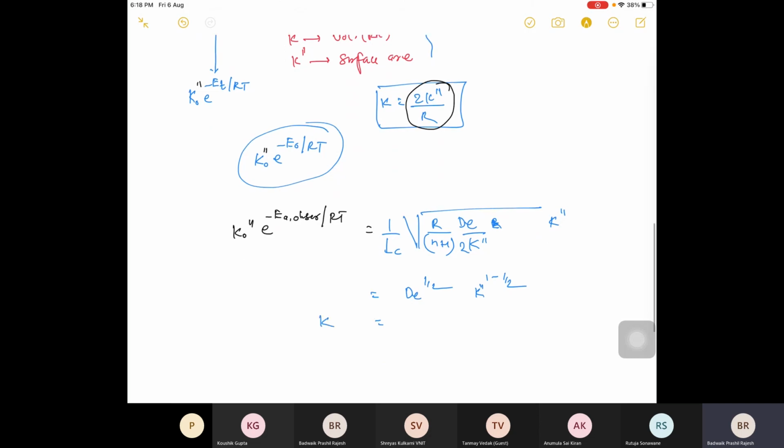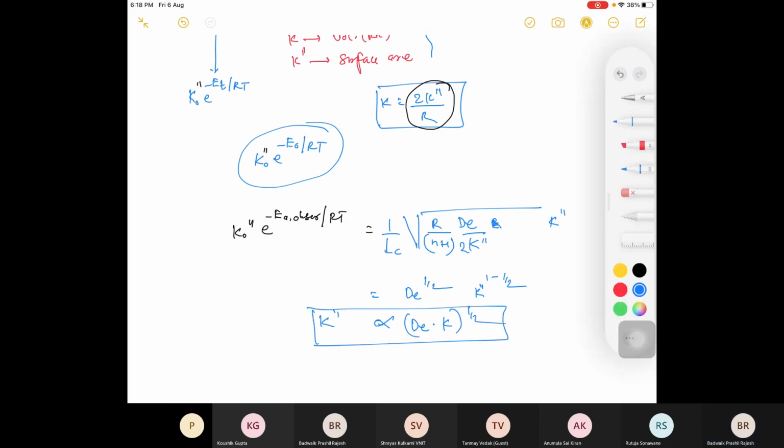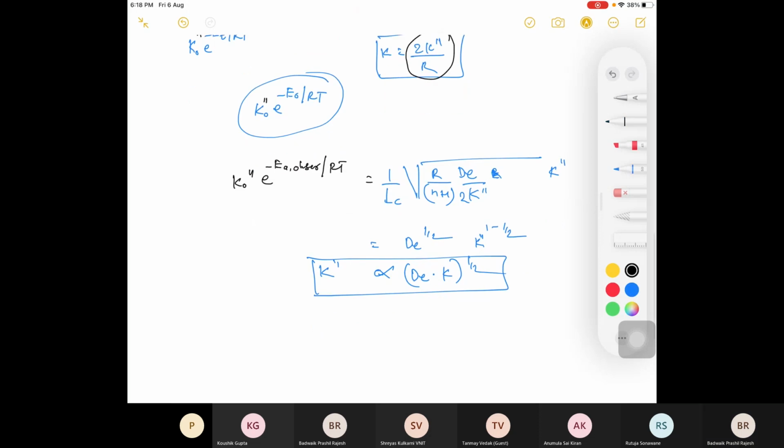And here K double dash is directly proportional to D into K to the power half. Are you getting this? Anyone? Please raise your hand if you are getting it. Should I do this derivation?